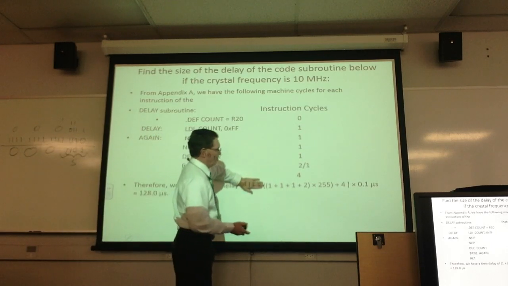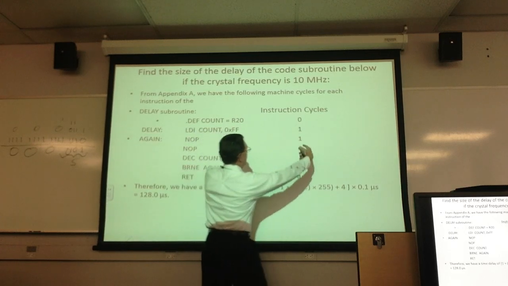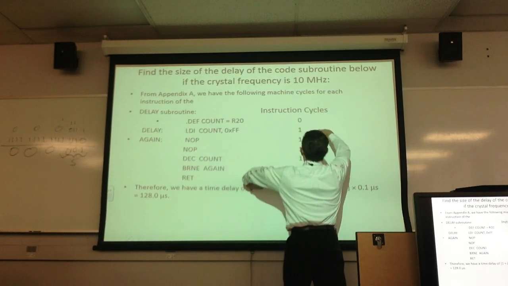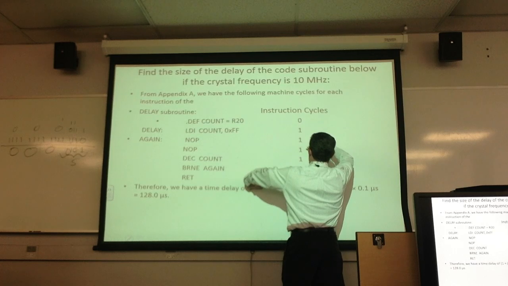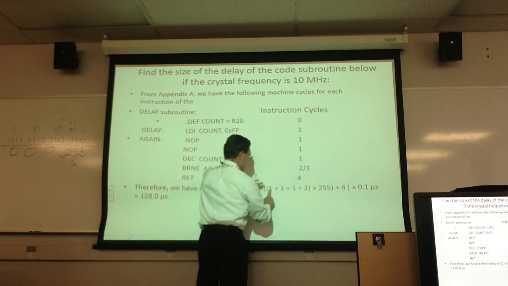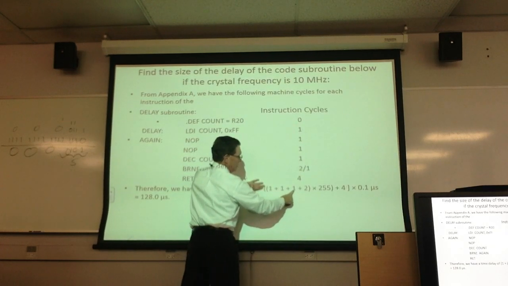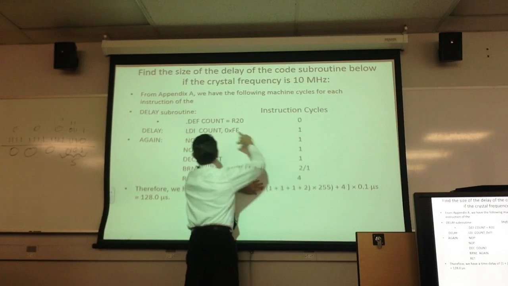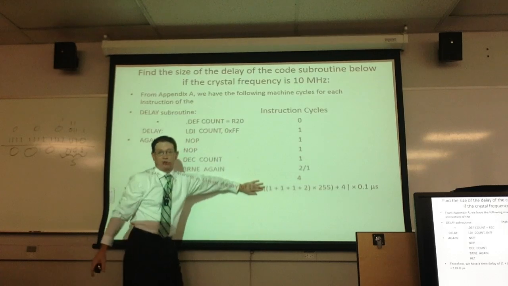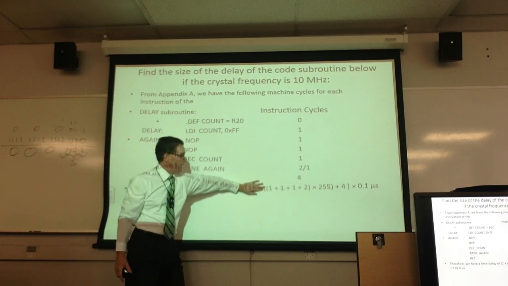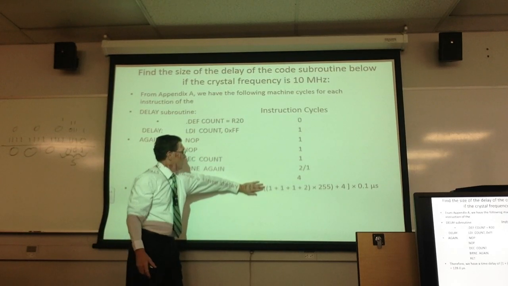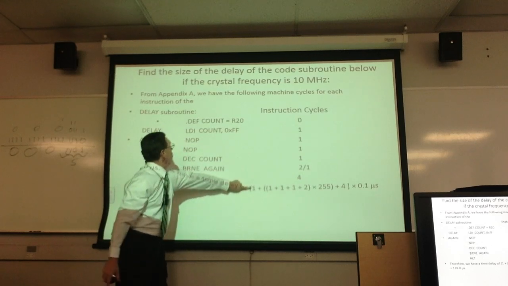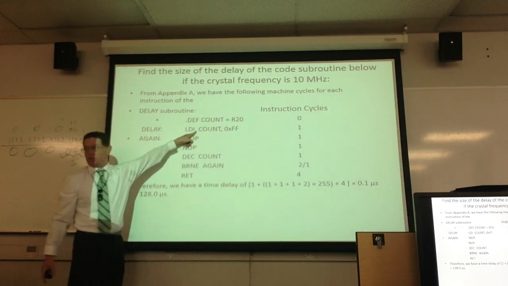Let's look at the inner loop. Inside the loop, we have 1, 2, 3. That's this one, this one, this one. The 2 is in here, and we multiply that 255 times. That's how many times. Now, I add the 1 here, which is for this.